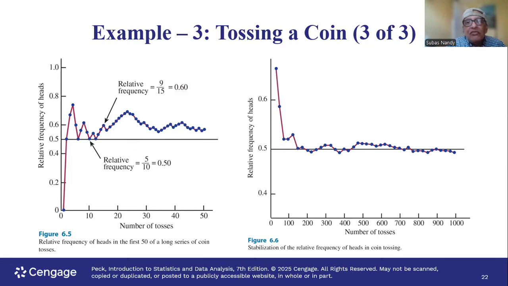So what is the difference between the left diagram and the right diagram? The only difference is the horizontal axis, the number of tosses. In the first one on the left, you toss the coin 50 times. On the one on the right, you toss the coin 1000 times. And look at the blue dots. When you are tossing the coin so many times, you are approaching the theoretical probability, which is 0.5.